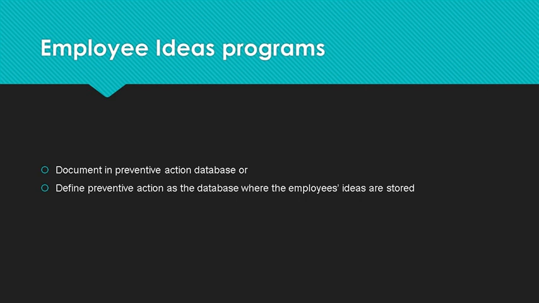If the procedure defining preventive actions references this database of ideas, then section 8.5.3 of ISO 13485-2016 is addressed. If, however, the QMS says preventive actions are listed in the preventive action database, but there are no preventive actions, and these ideas are not listed there, then this is a finding against the company's QMS for not complying with section 8.5.3.